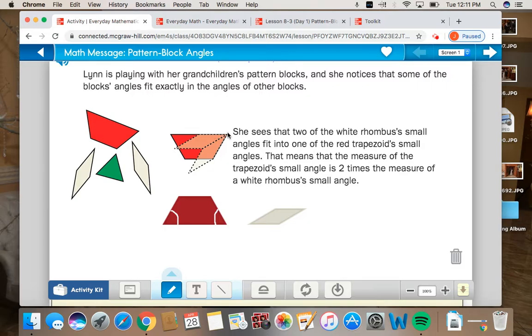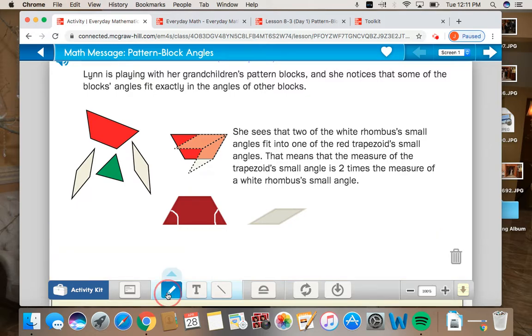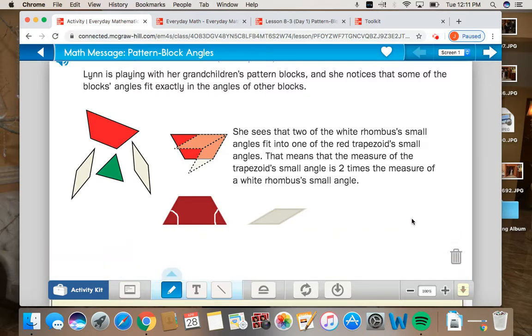And that's what they're showing you here. And the white rhombus, they're talking about the white rhombus's small angles, and this is the white rhombus's small angle, is this angle in here, and this angle in here. This angle here, that is the white rhombus's large angle.